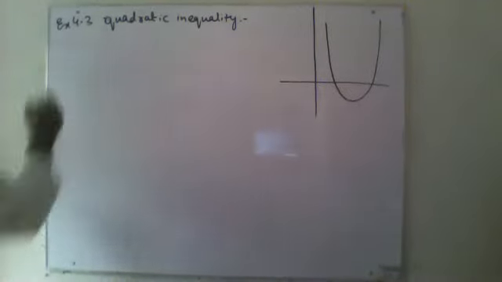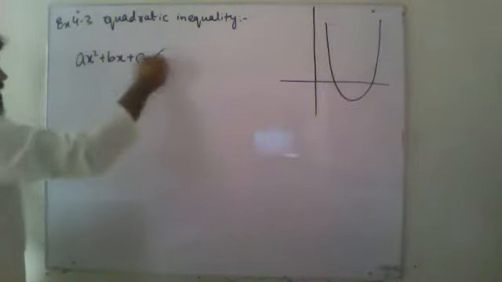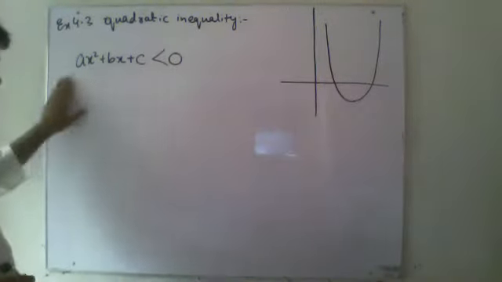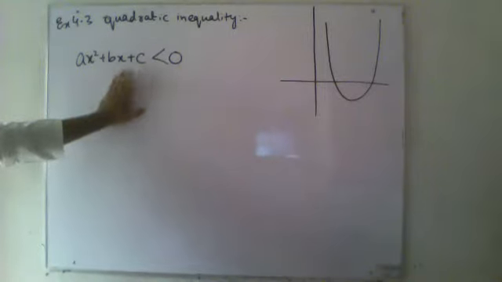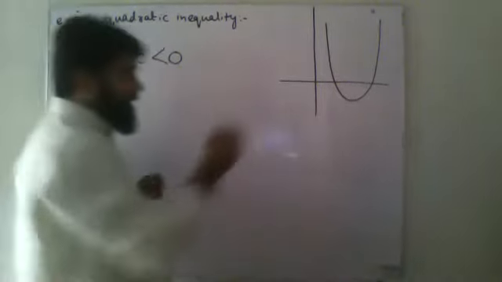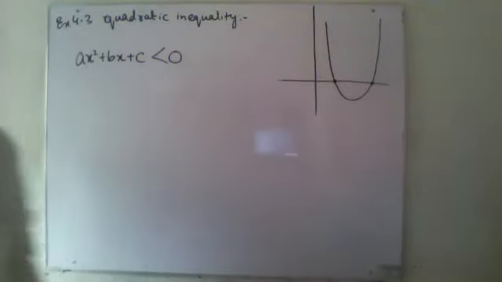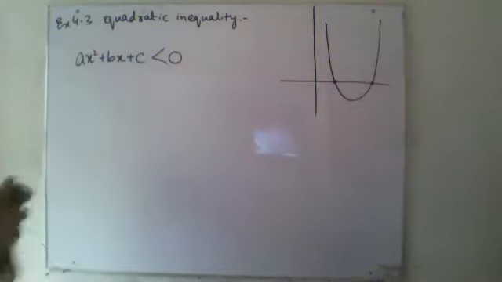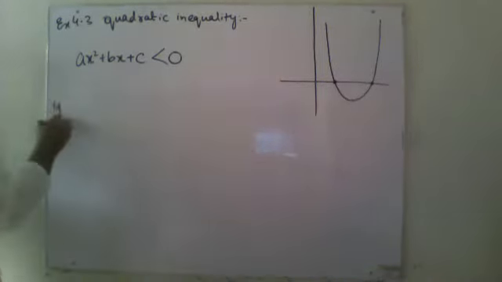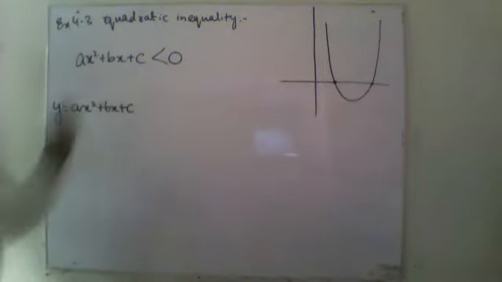Secondly, ax square plus bx plus c lesser than 0. You know that this is a general quadratic form, and I have written that it is lesser than 0. So when I say it is lesser than 0, what will happen? Quadratic graphs are written as y equals ax square plus bx plus c.